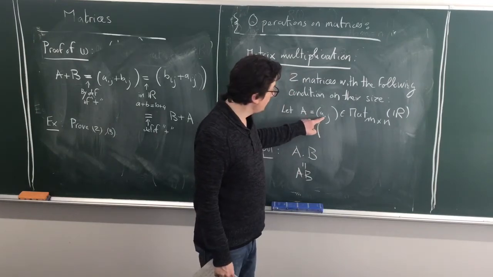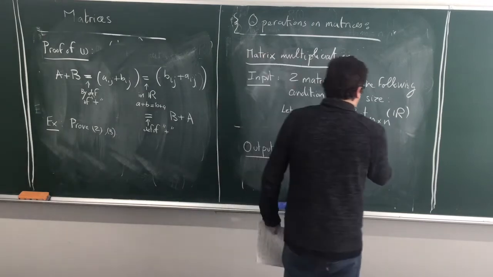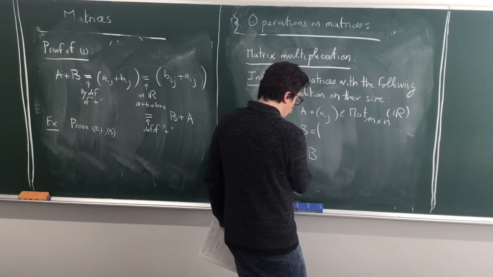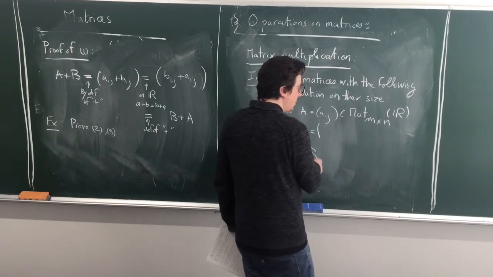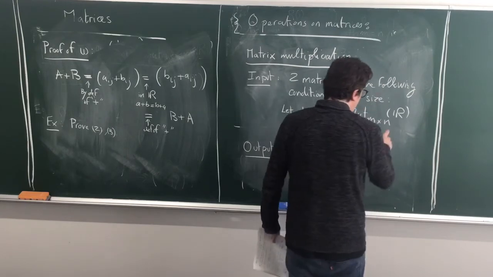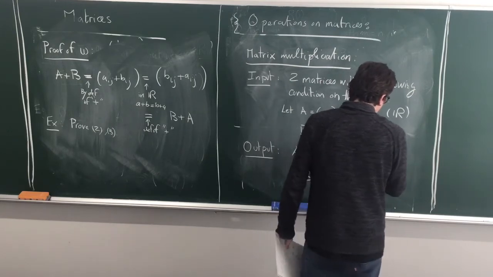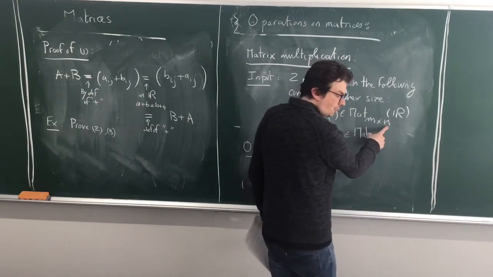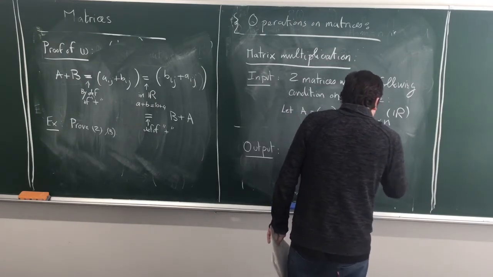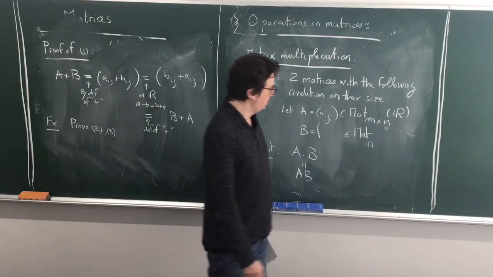You will see that. So, if I start with M rows and N columns on the left, then on the right hand side, I must absolutely have the following condition. The number of rows of B should be the number of columns of A. So here I need to put an N. This is my condition.